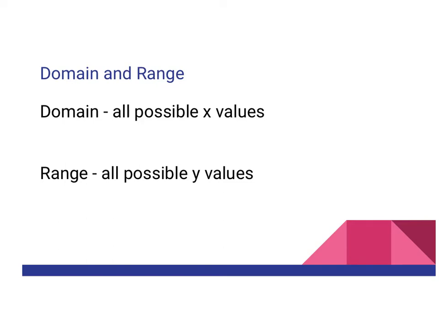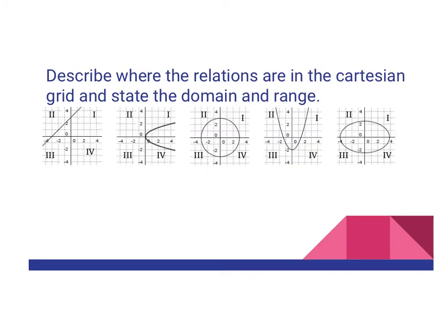But just so you know, domains are all possible x values for a given function or relation, and the range are all possible y values for any given function or relation. So looking at these graphs, hopefully you can get an idea of where some restrictions may come into play.